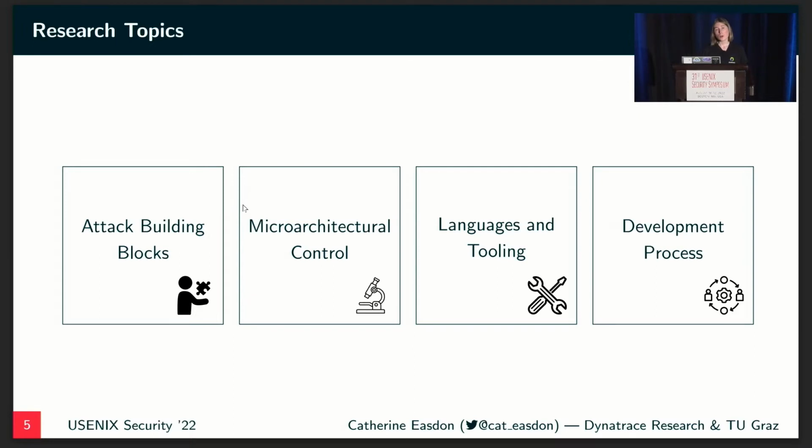Thirdly, the programming languages that people are using and the existing tooling. There were some existing microarchitectural attack development libraries, and we evaluated those in our user study. And finally, the overall development process, so things like key communication challenges and whether the development process was iterative.